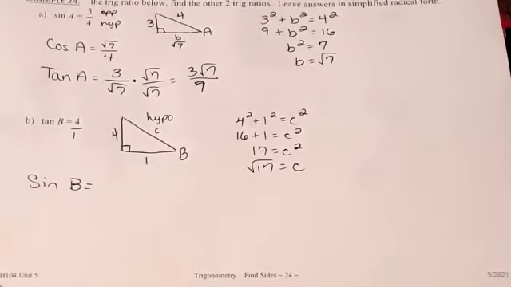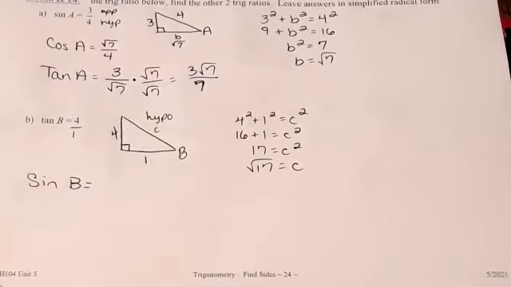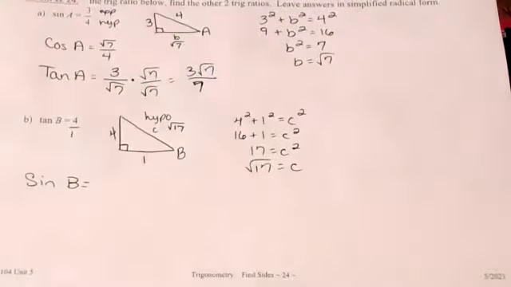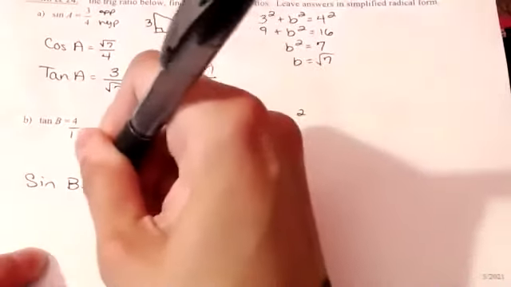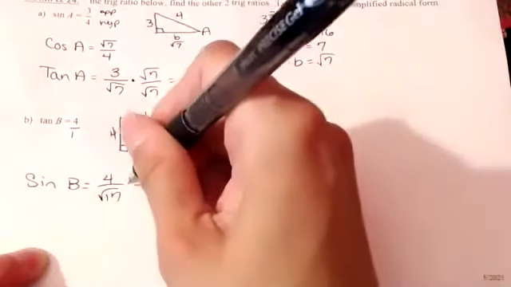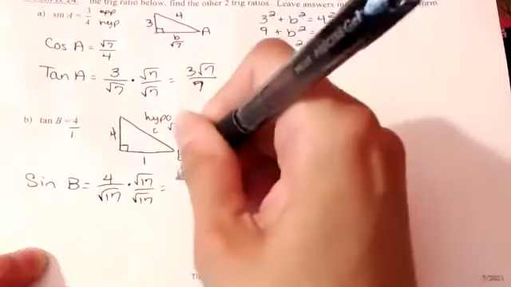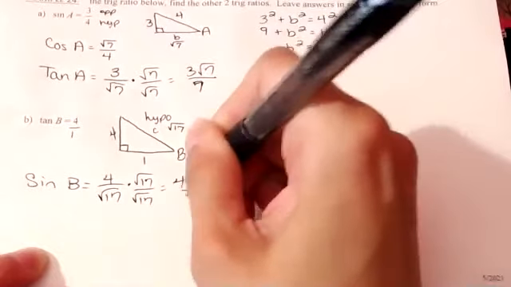Would someone give me sine of B? Four over root 17. Yeah. 4 over square root of 17. We're going to rationalize this. So we have 4 square root of 17 over 17.